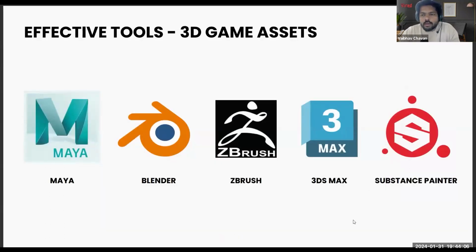For 3D, obviously Maya is something that a lot of studios use, Maya and 3D Max, ZBrush also. But again, just like Photopea, there is something called Blender, which is completely free that you can use. Although the user interface and the polish or the number of features that Maya or 3D Max provides, you wouldn't get that in Blender.